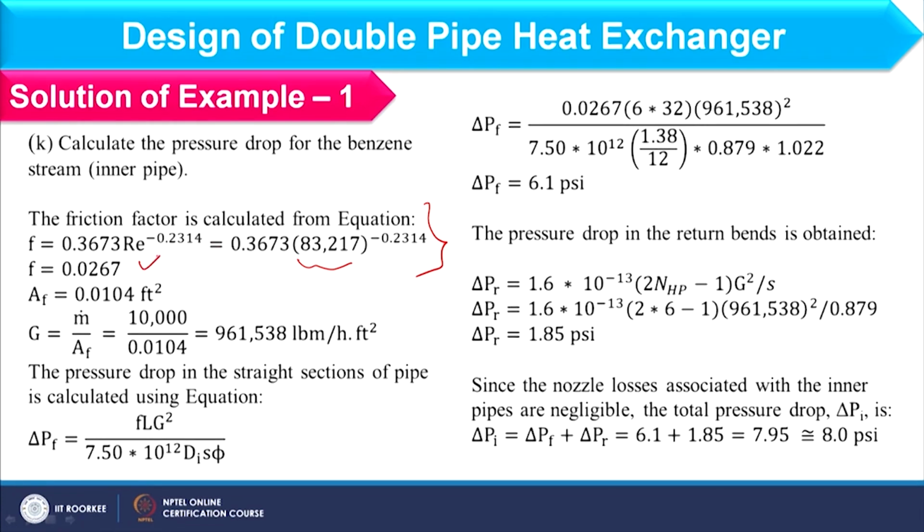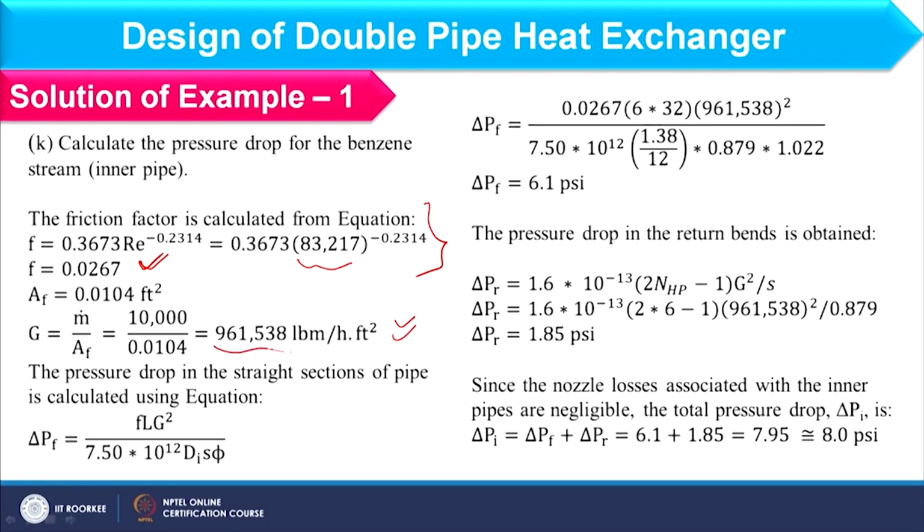So, we can simply calculate the friction factor over here, and we can find the flow area, and mass flow rate divided by flow area will give the capital G value, that is, mass flow rate per unit area.